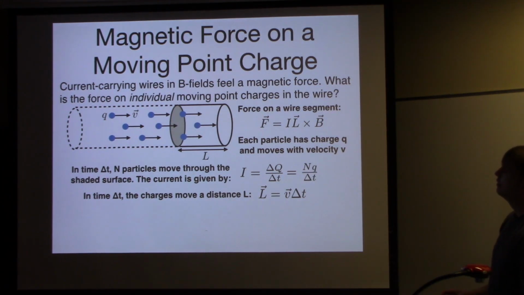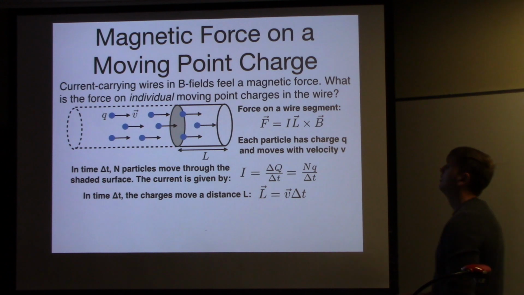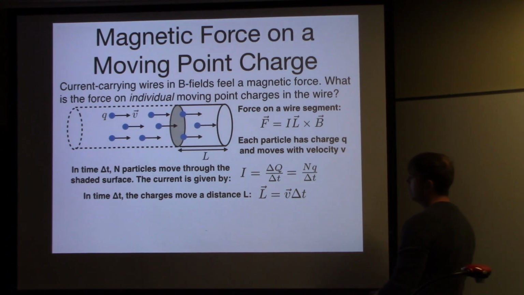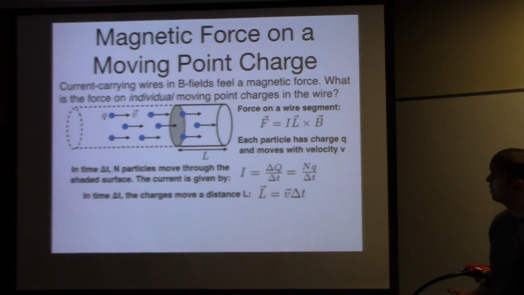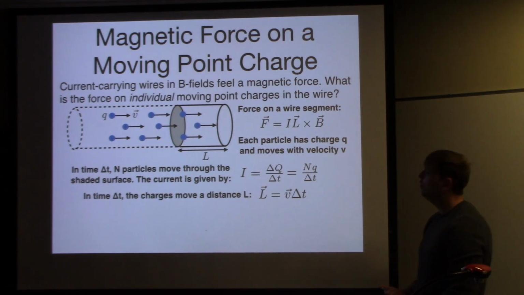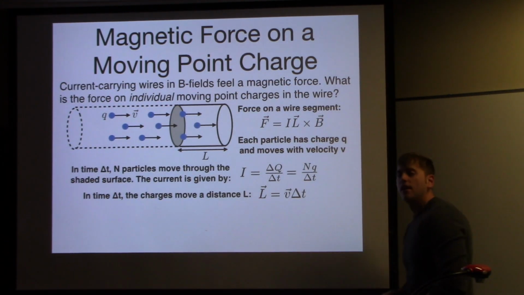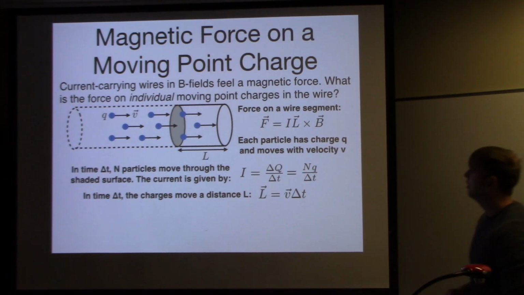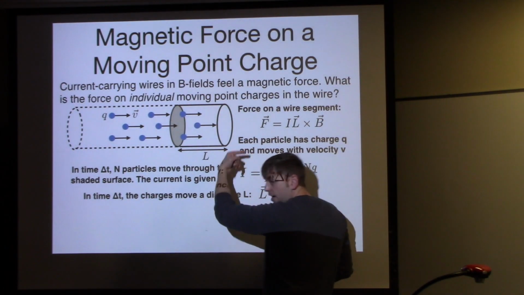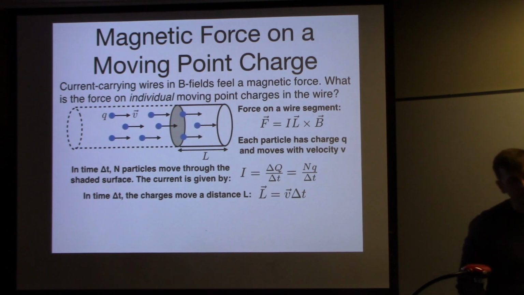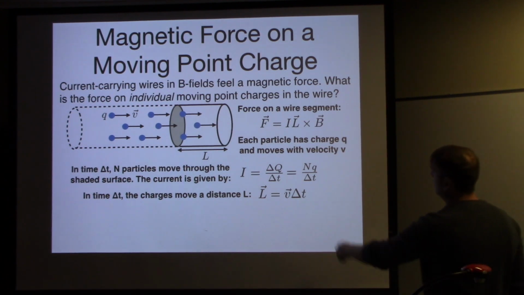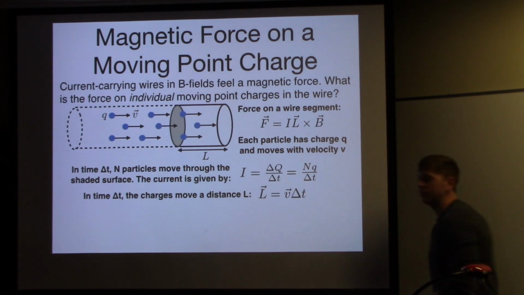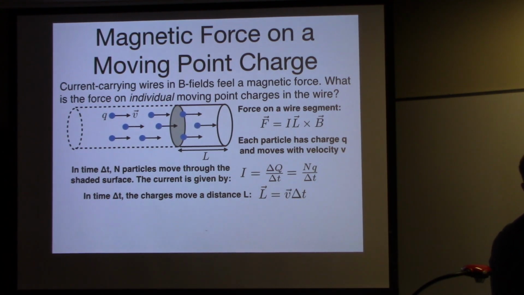Well, this is pretty easy because if we take the product of velocity and delta t, so if you take a velocity times a time, you get that distance traveled, and then L being a vector just means it's going to be pointing to the right in the direction of the current, or in the direction that charges are moving. So if we take, again, the velocity times the time, we get the distance that the charges travel, and that's vector L.